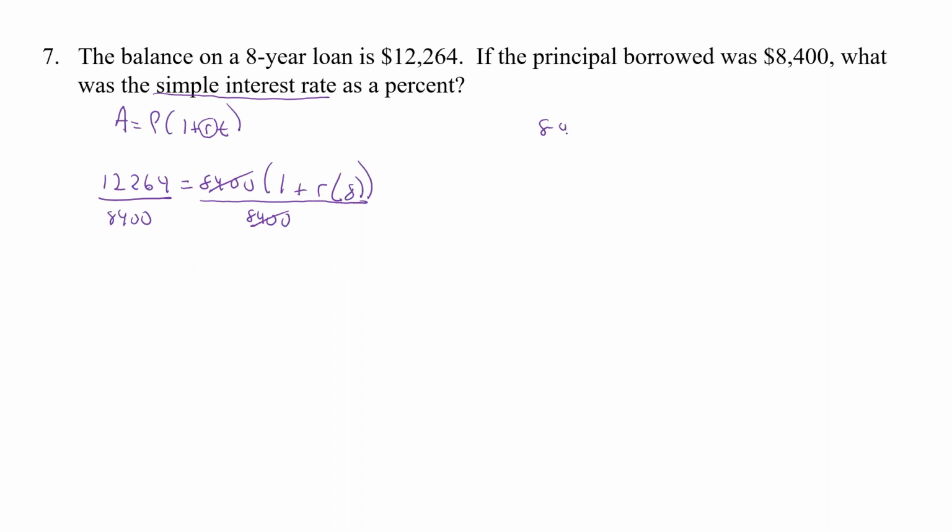So 8,400 into 12,264.000, and hopefully this works out nicely. We put our decimal here, and 8,400 will go in one time, which is 8,400. Subtract that out. 4 minus 0 is 4, 6 minus 0 is 6. Now we need to borrow, so that's 11, that's 12, so it's 8, that's a 3, and now we can bring down our 0.